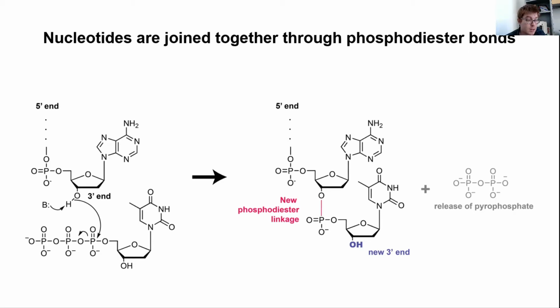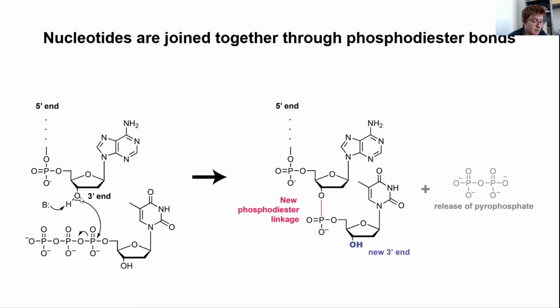So how, biochemically and chemically, are the nucleotides actually joined together in this way? In the cell, nucleotides are added to the 3' end of a nucleic acid polymer using a high energy nucleoside triphosphate as the substrate for addition. Chemically, you have some nucleic acid polymer, 5' end working our way down, and this is the final 3' nucleotide that's part of the chain.